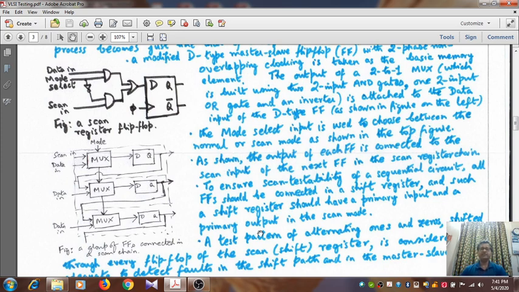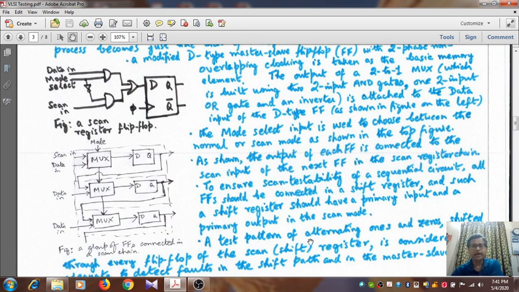So in general, if you connect a 4-bit shift register, the leftmost input can be a scan input entry, and the output of the outermost flip-flop can be a scan output. So you subject it to, say, a 4-bit register, so 2 to the power 4, 16 possible test patterns can be loaded into the shift register, and you see one by one whether all the flip-flops are operating correctly or not.